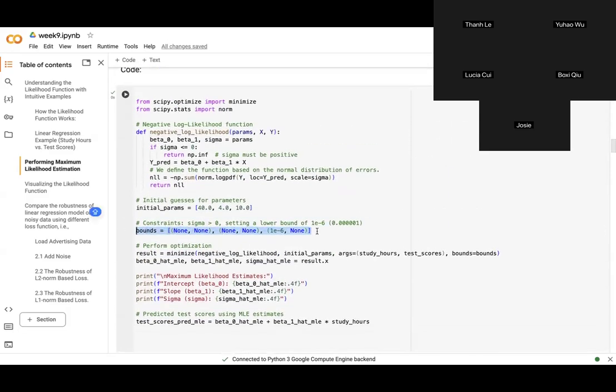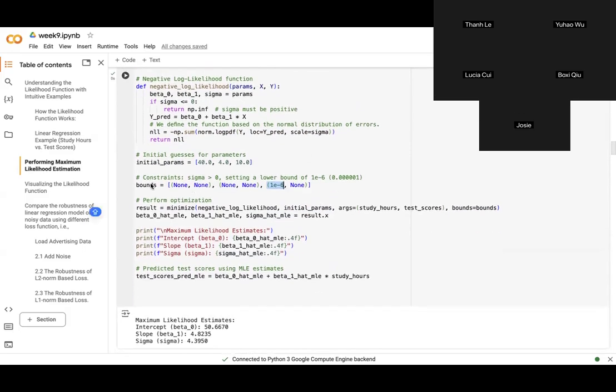And this bound is just for setting a boundary on your estimated parameters. Because sigma must be greater than 0, we make a constraint on sigma. The lower bound is a very small value, and we put this bound in the minimize optimization.